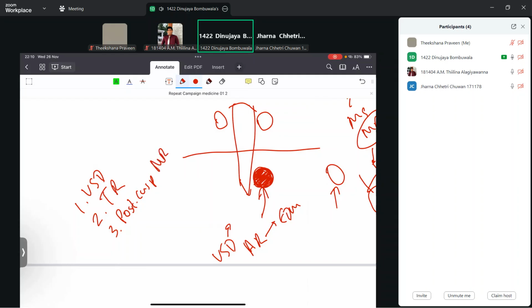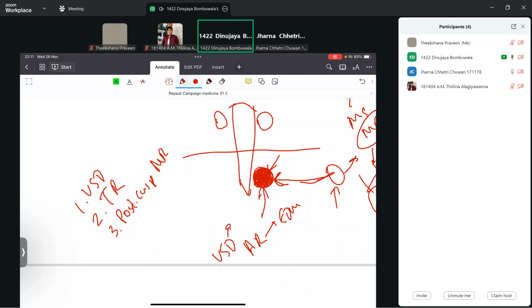There are two cusps in the mitral valve. Due to posterior cusp involvement, the murmur radiates from the apex to this region, so it won't radiate much to the axilla.